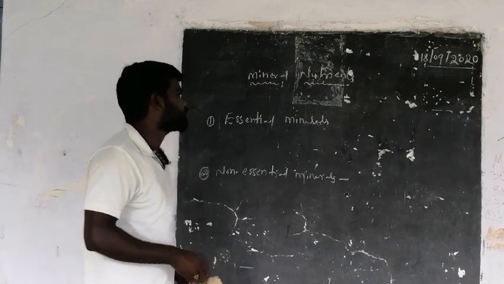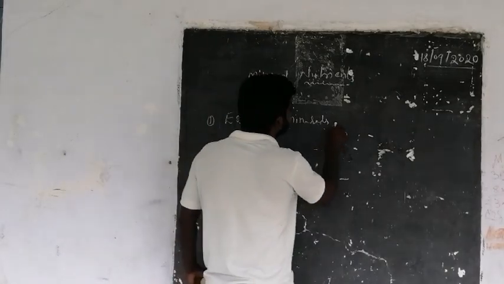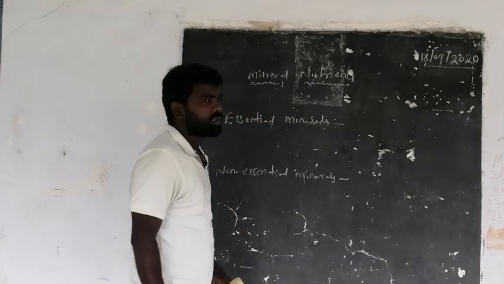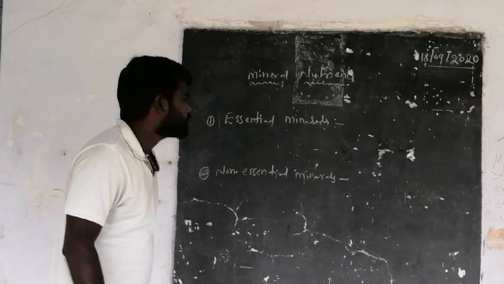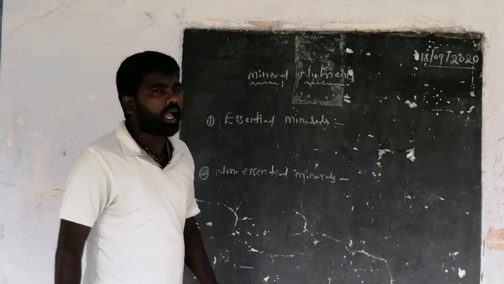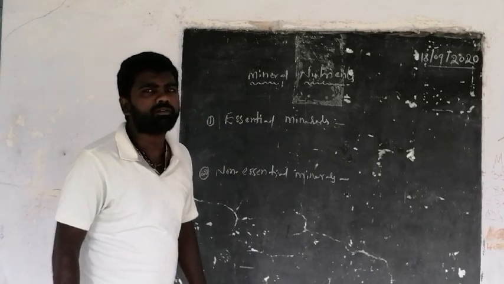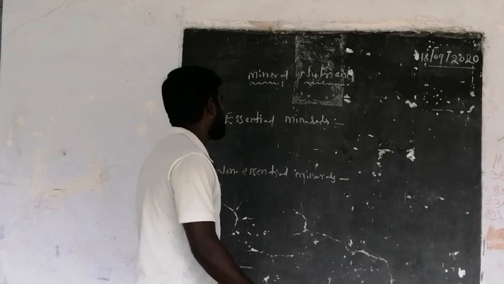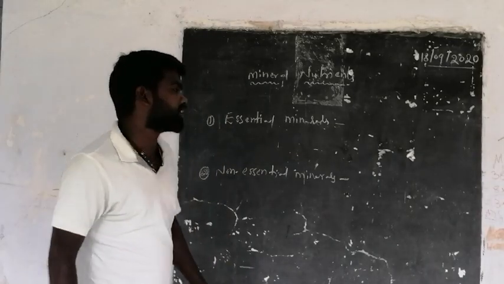Essential mineral nutrients are the mineral nutrients that are absorbed by the plant body from outside of their body.